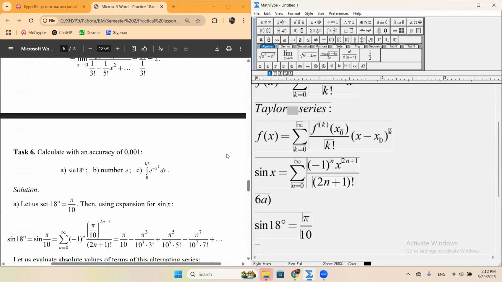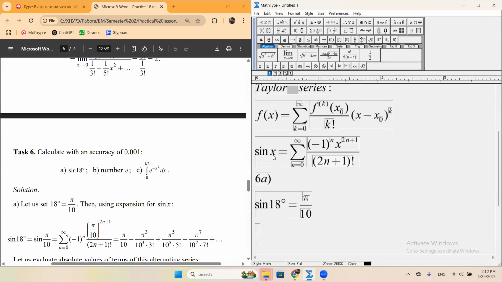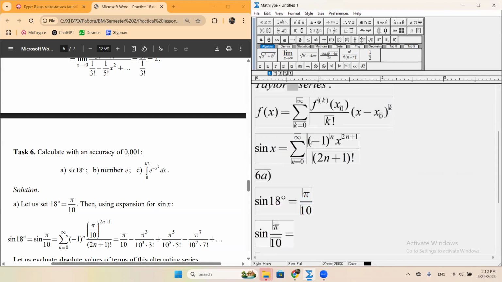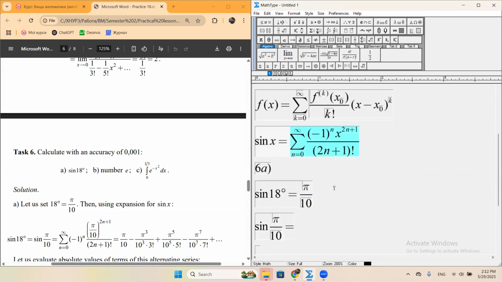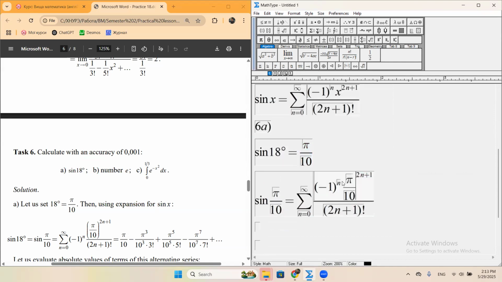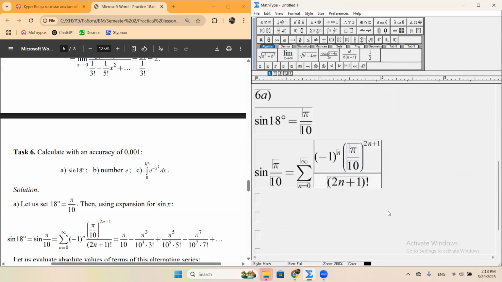Right. So let's use this expansion. So sine of pi over 10 will be equal to the following. I will substitute pi over 10 here in power of 2n plus 1.